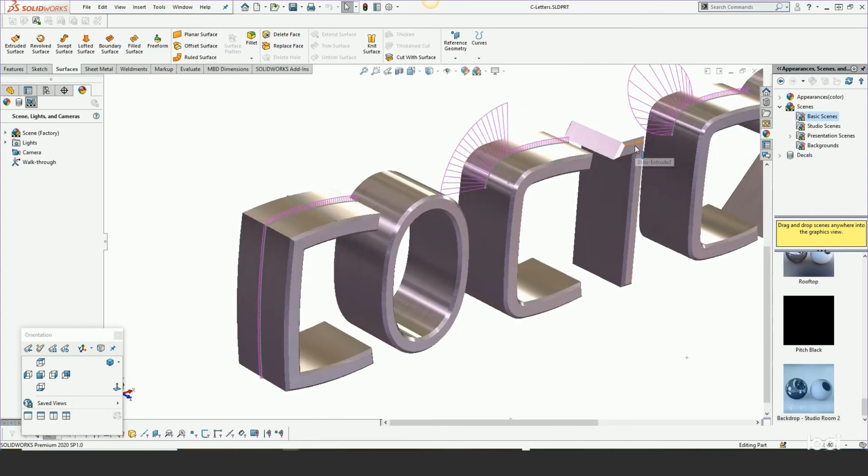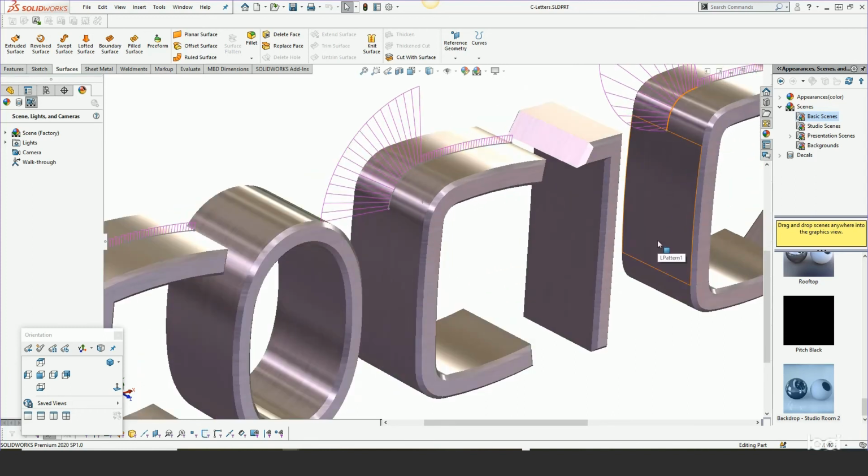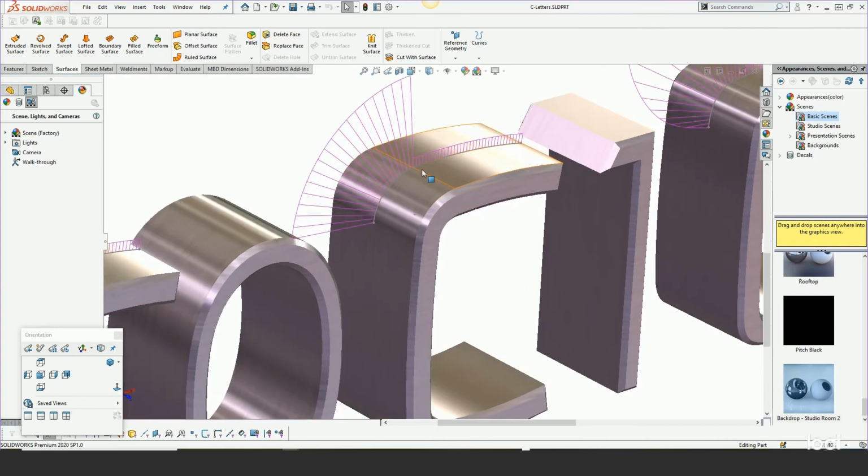If we move on to C1 and up the ladder, when we make a tangent connection between two surfaces, as with this radius and then this arced upper area of the C, we have what's called C1. A C1 condition is where you have tangency, but you do not have curvature matching.